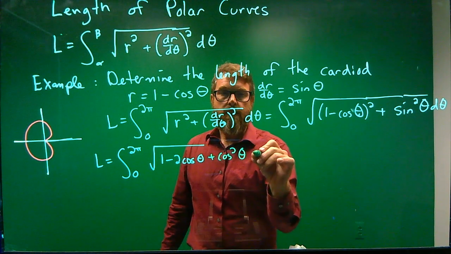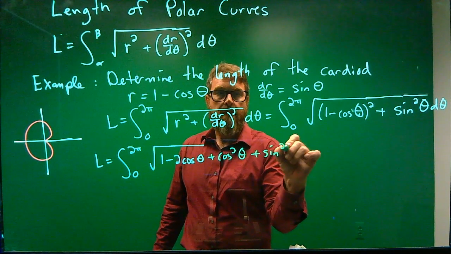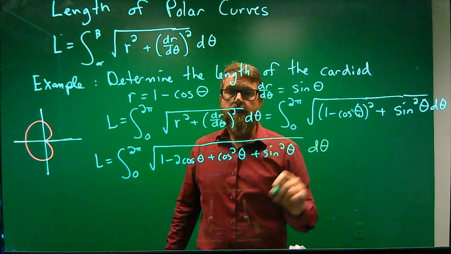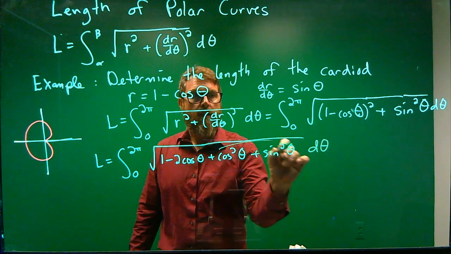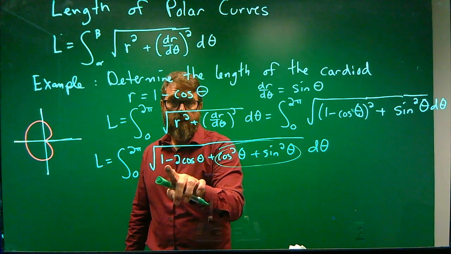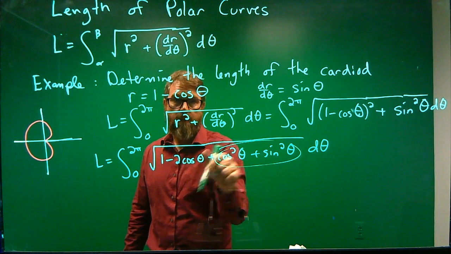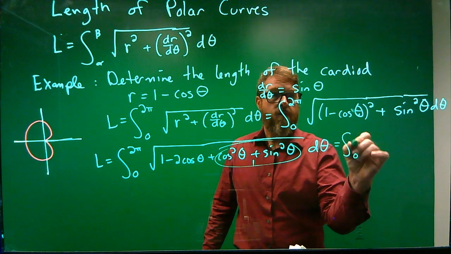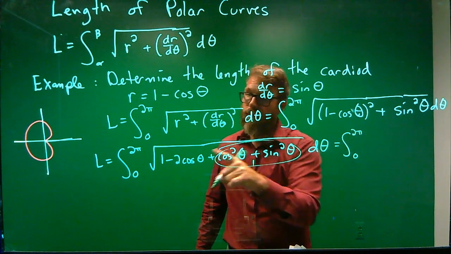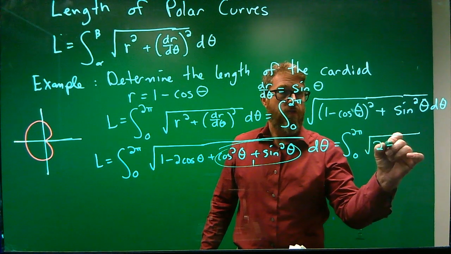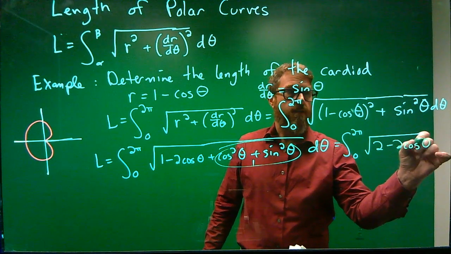And then finally plus sine squared of theta. I spotted the Pythagorean theorem right here, which gives us 1. So really what we're going to get is 2 minus 2 cosine of theta. So this is equal to the integral from 0 to 2 pi of the square root of 2 minus 2 cosine of theta, d theta.